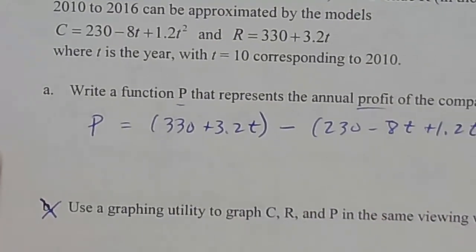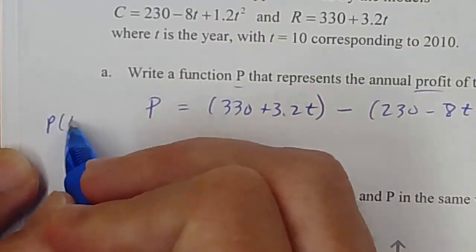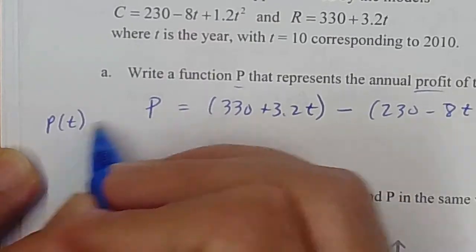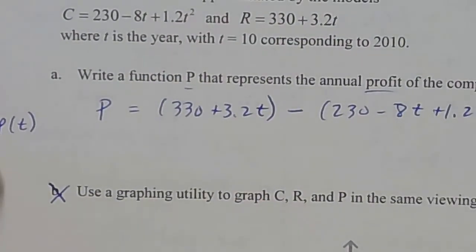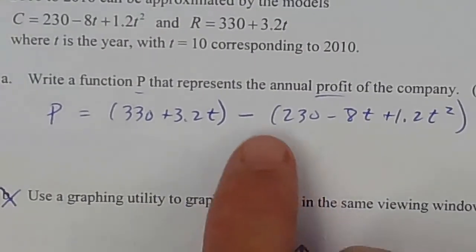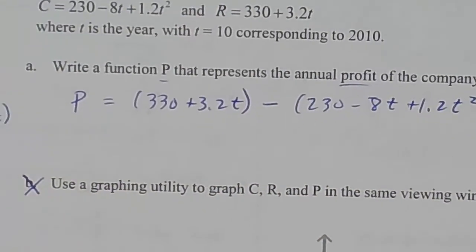Okay, this is a function of time, so they may even represent it like this too. Profit is a function of time, whichever. All right, so this is just one of these. It's not a composition, it's just a difference function. So go ahead and distribute the negative, rearrange it, and get your profit function. Go ahead.